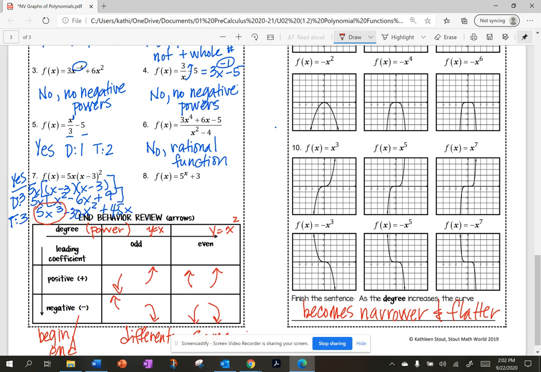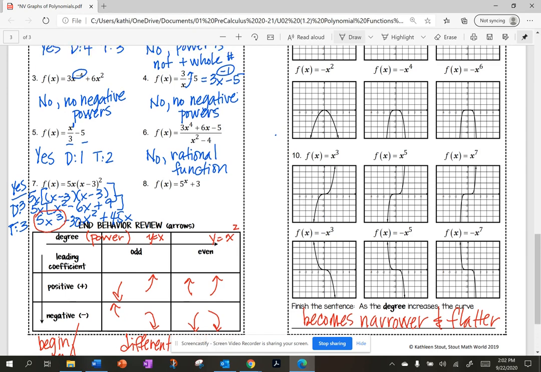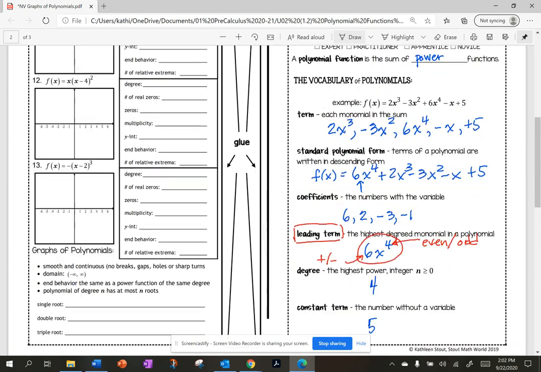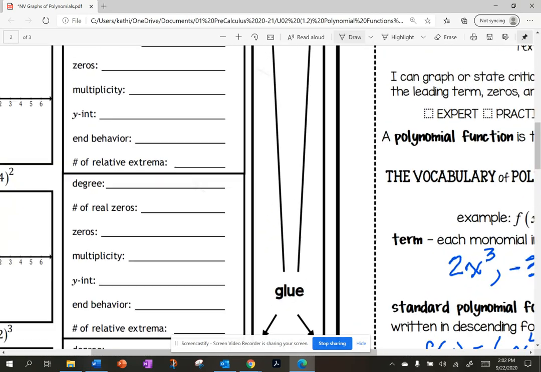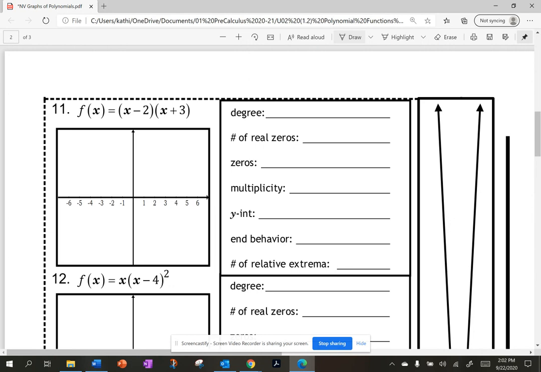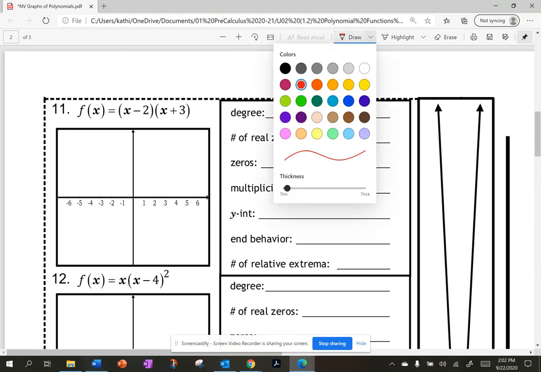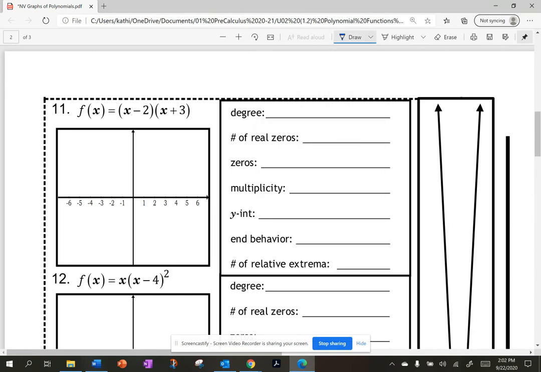All right, so with that said, let's start graphing a few of these polynomials without a calculator. If I have number 11, f of x equals the quantity x minus 2 times the quantity x plus 3, I want to graph this.